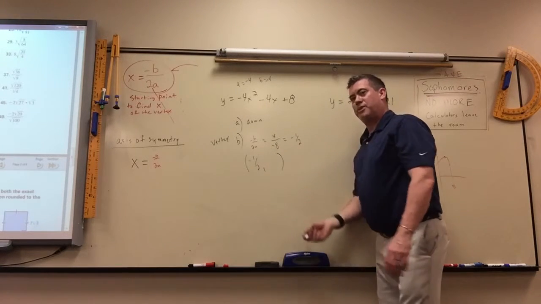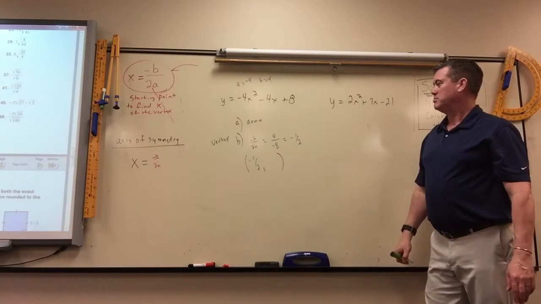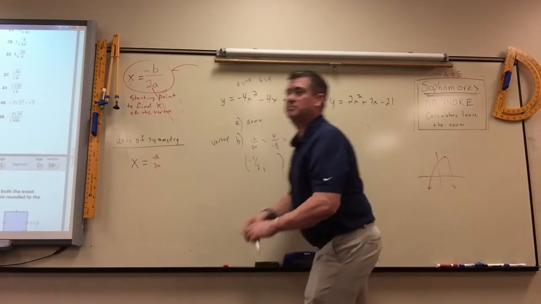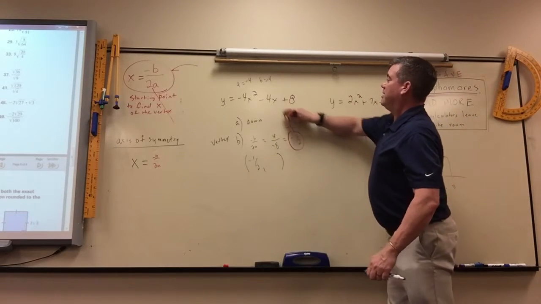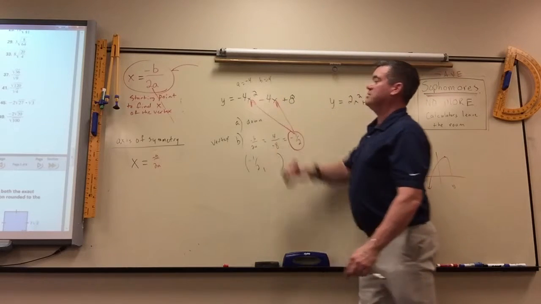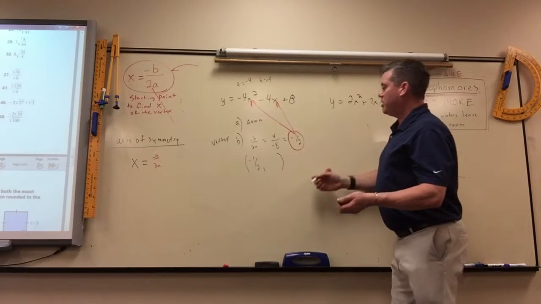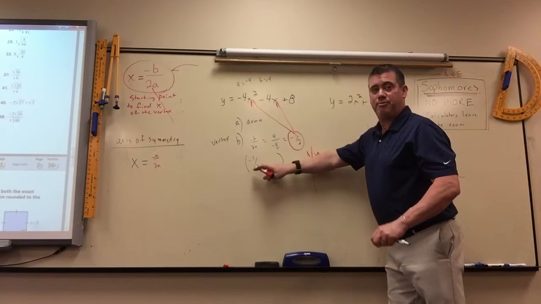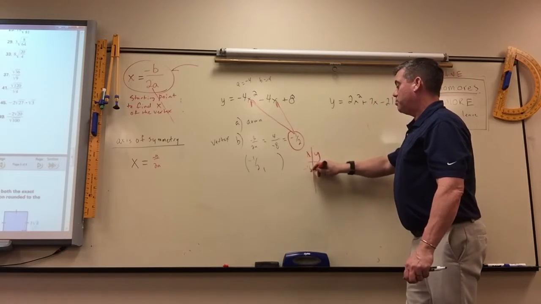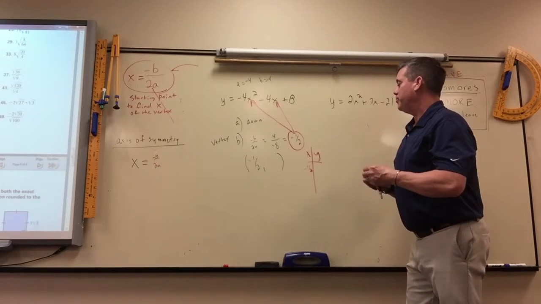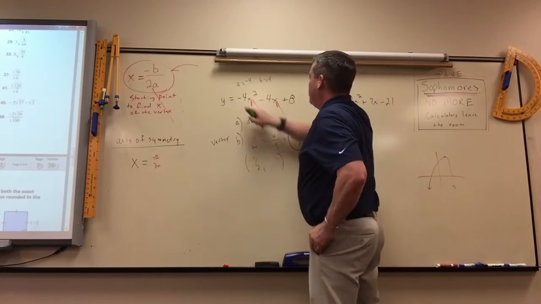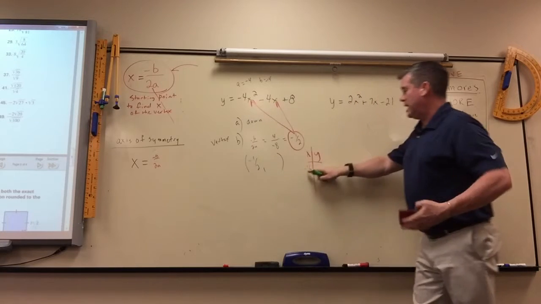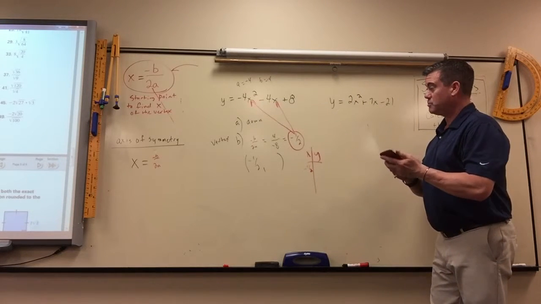Now, what do you got to do to figure out what the y is? Just plug negative 1/2 in for the x. Because all you're doing is you're finding the point like we did before. We're plugging in points, but we found out what to put in for that. So you take negative 4 times negative 1/2 squared.